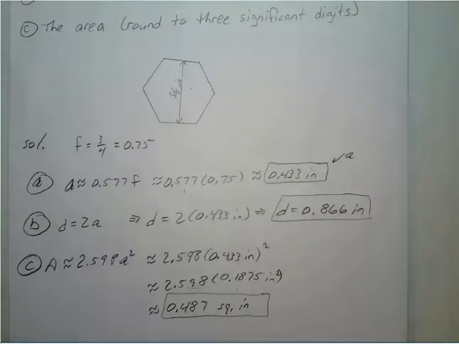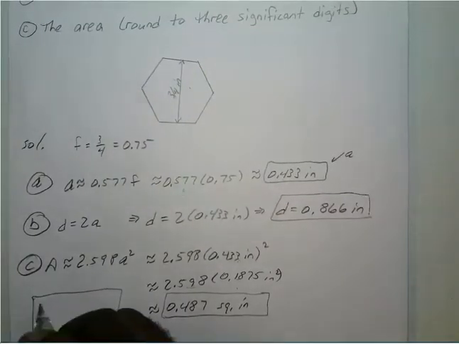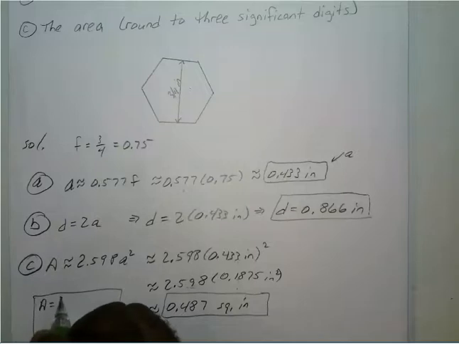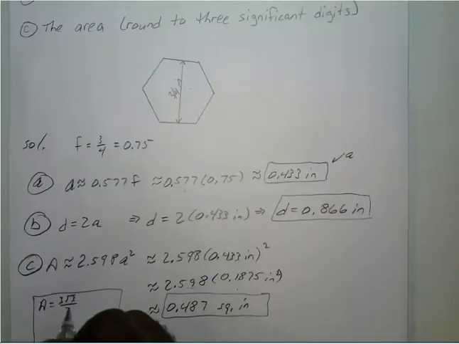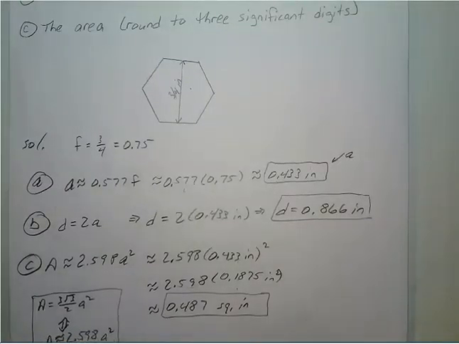All right, so remember, sometimes you might be a little bit off on your calculation. That just means in some cases, depending on the problem in the textbook, A equals 3 square root of 3 over 2 A squared is the same as A is approximately equal to 2.598 times A squared.